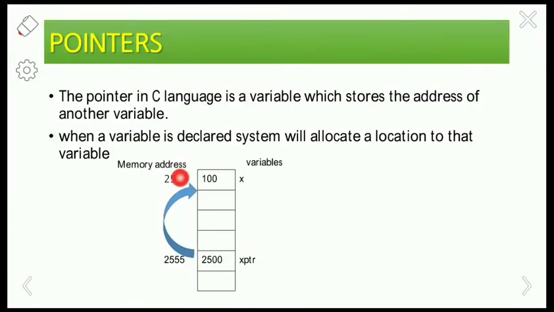Similarly, if you are entering char type data, character data, then it will occupy 1 byte, that means 1 cell in the memory. Suppose I'm using float, entering decimal values, then it will occupy 4 bytes, that means 4 cells in the memory.